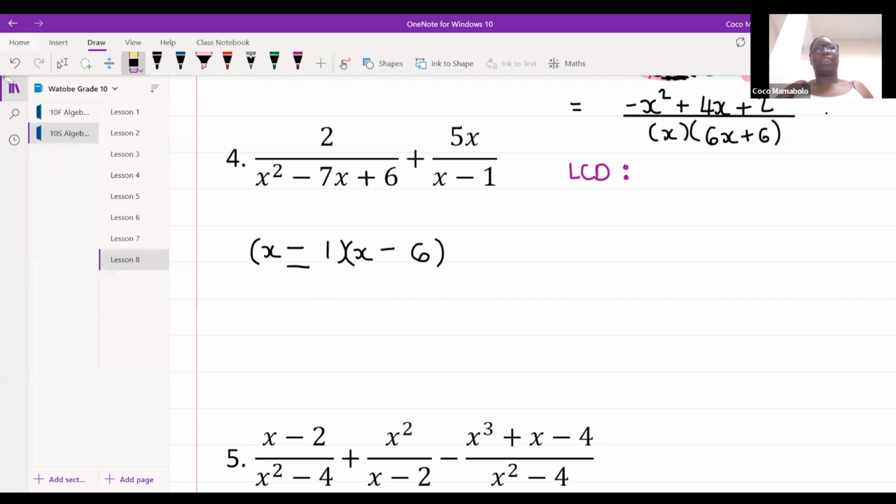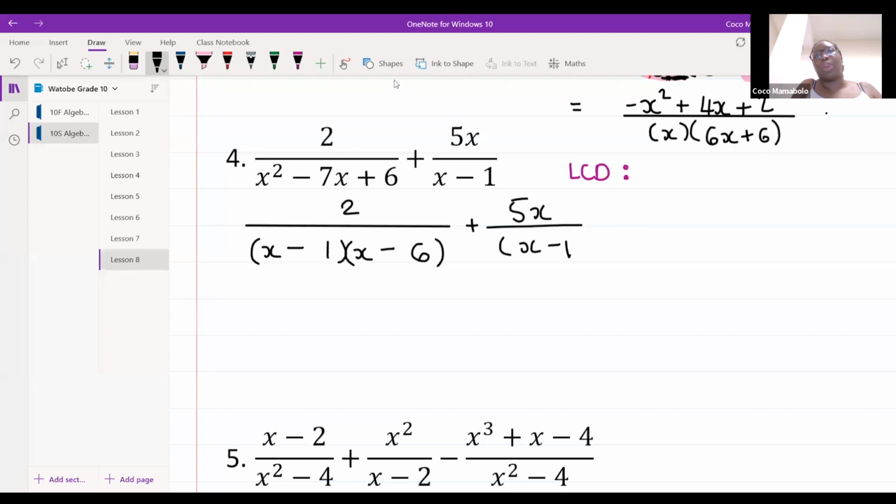Excellent stuff. All right, so now, guys, on this side of my equation, I have 2 over x minus 1, x minus 6. And on this side, I've got plus 5x all over x minus 1.